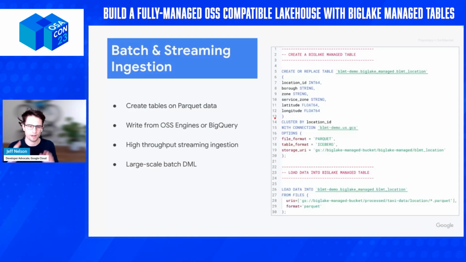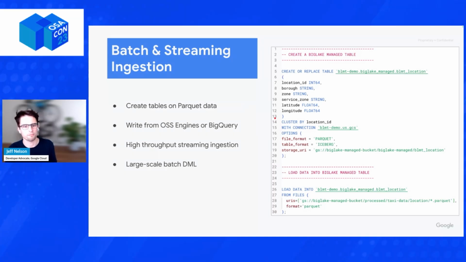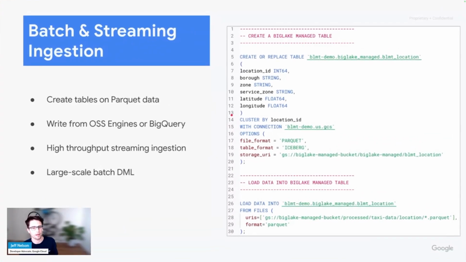Now, to drill down on a couple of topics before we look at the architecture and how this works under the hood, using BigLake Managed Tables, you can create tables on your Parquet data or read and write to that table using OSS engines or BigQuery alike. Not only this, but BigLake Managed Tables support high throughput to tens of gigabytes per second, and that data is instantly queryable as soon as it's written.